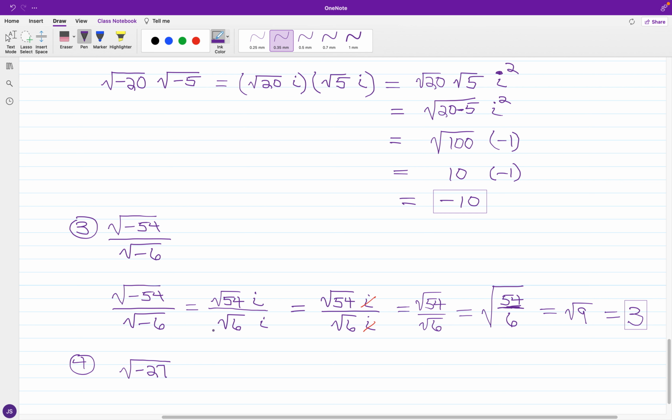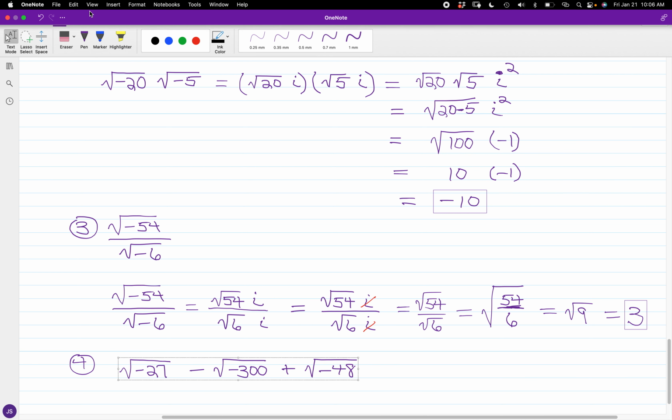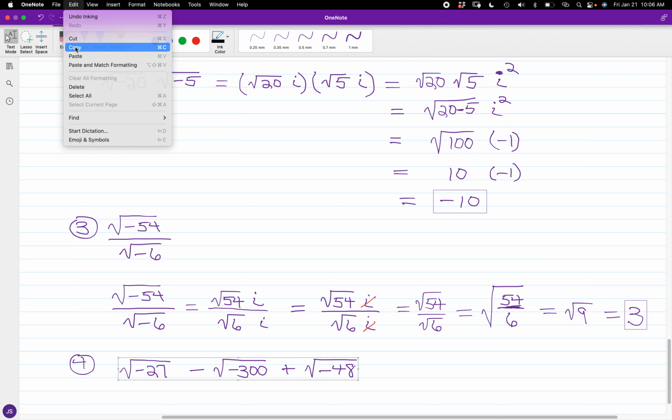Let's say we had the square root of -27 minus the square root of -300, and we have plus the square root of -48. Okay. So we're looking at a trio of negative radical terms to combine.